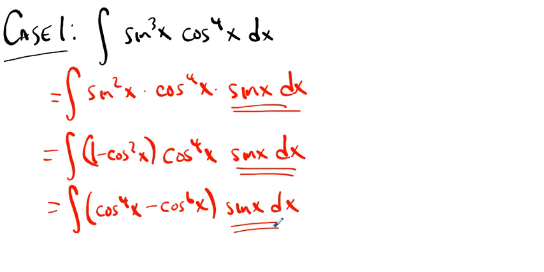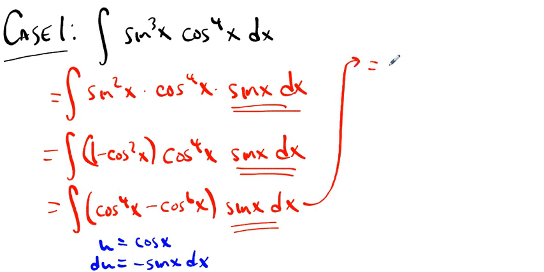Yeah, now you've sort of figured out that this is the du, because if u is cosine x, du is the negative of sine x dx, and so this thing is the negative of the integral of u to the fourth minus u to the sixth du.